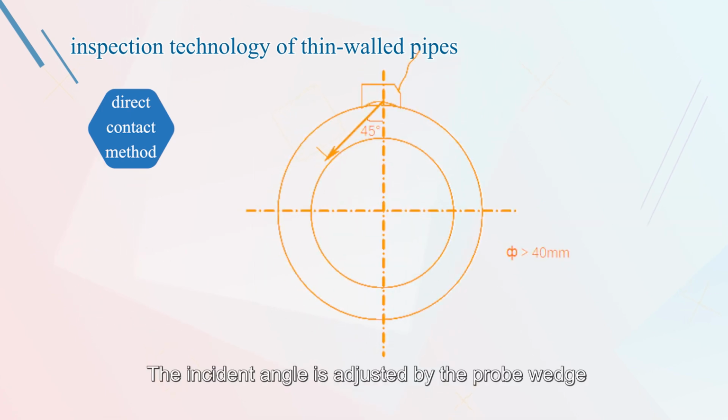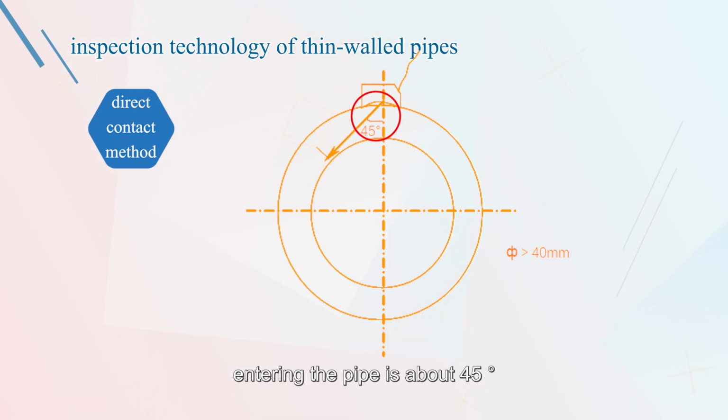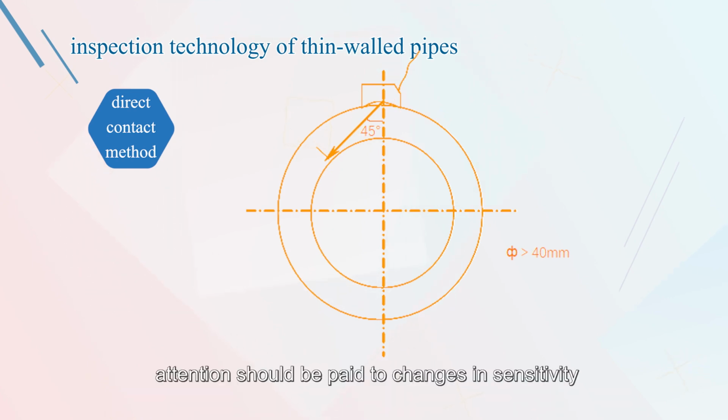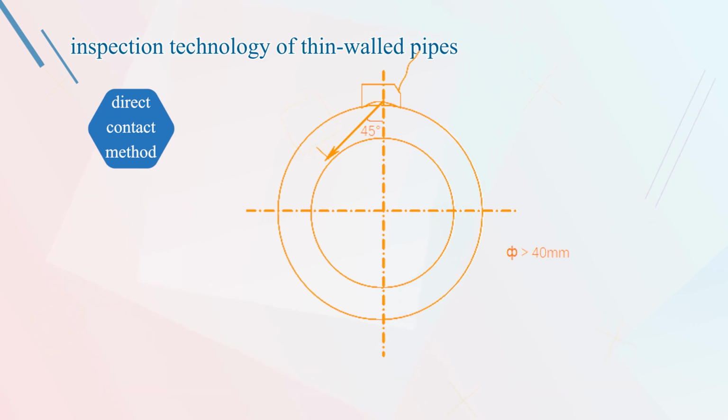The incident angle is adjusted by the probe wedge so that the shear wave refraction angle entering the pipe is about 45 degrees. During the testing process, attention should be paid to changes in sensitivity caused by probe wear or changes in instrument performance.